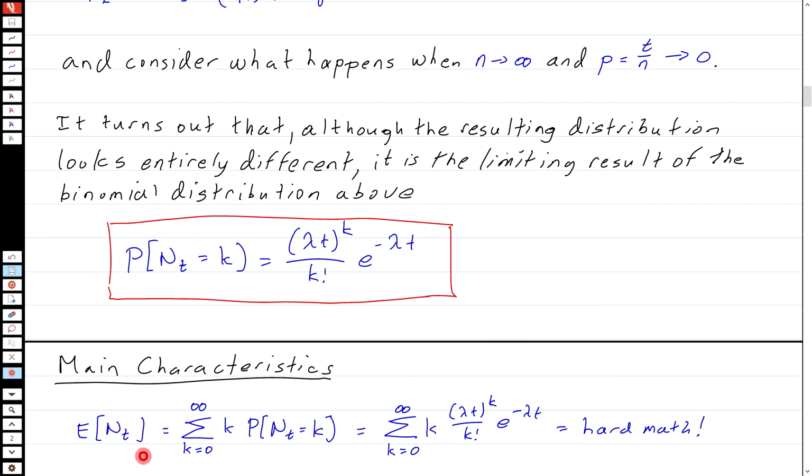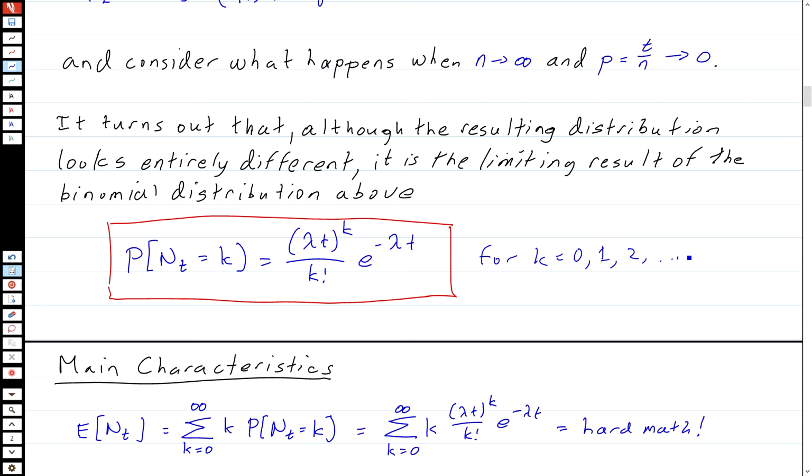The first would be, what is the expected number of successes in time t? Strictly speaking, that's the sum of all possible numbers of successes, which goes from 0. I should have put in the previous expression what the possible values of k are. For k equals, well, this is the number of successes in time t, or arrivals, and we could have 0. So the lowest value of k is 0. We could have 1, we can have 2, and the upper value, there's no limit.